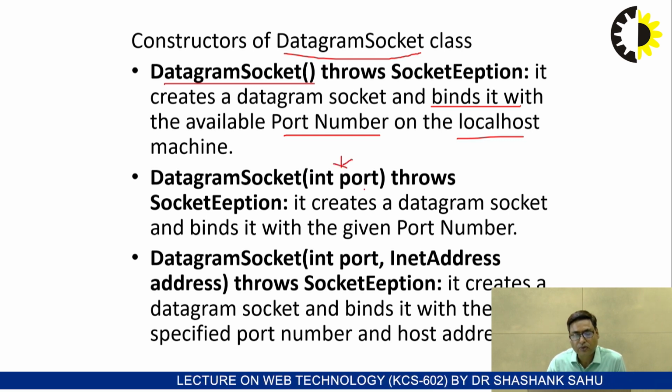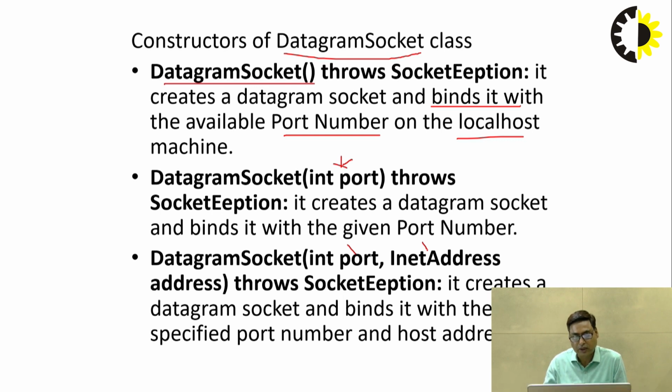If you want to include the port number, you can do it. Third, you can also specify the IP address, that is, the website IP address or server IP address to which you want to connect. So there are three constructors: one without port number, second with port number, and third with port number as well as host address, that is, IP address.